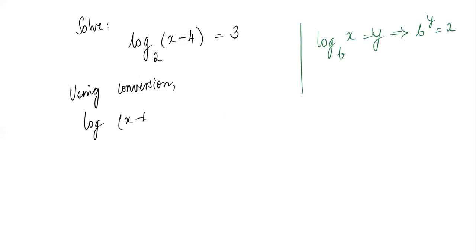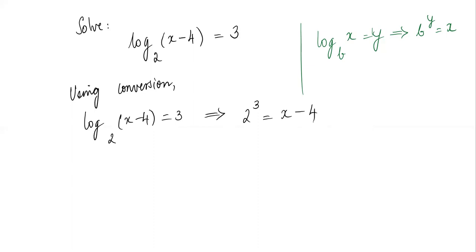Log x minus 4 to the base 2 equals 3 implies 2 power 3 equals x minus 4. Remember to switch them in their right positions, because all it takes is to have them switched around the wrong way and you're not going to get the correct answer. And if you did do something like that and you recognize something went wrong, please don't go back and try to fix your existing steps.